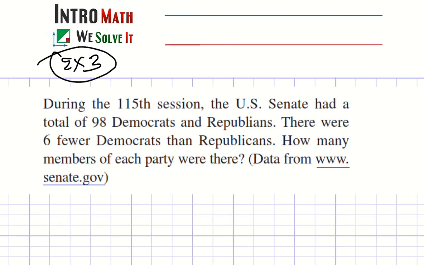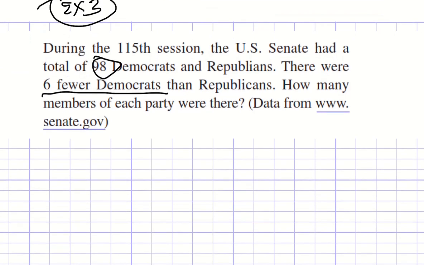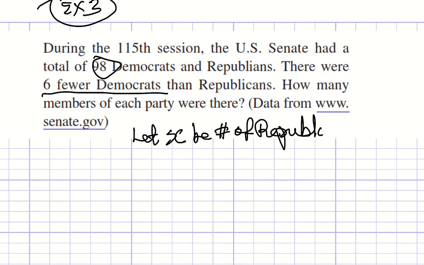Again, you take your cue. The total is 98. There are 6 fewer Democrats than Republicans. So always take your cue from that. Then you say let X be the number of Republicans. You see that comparison there?